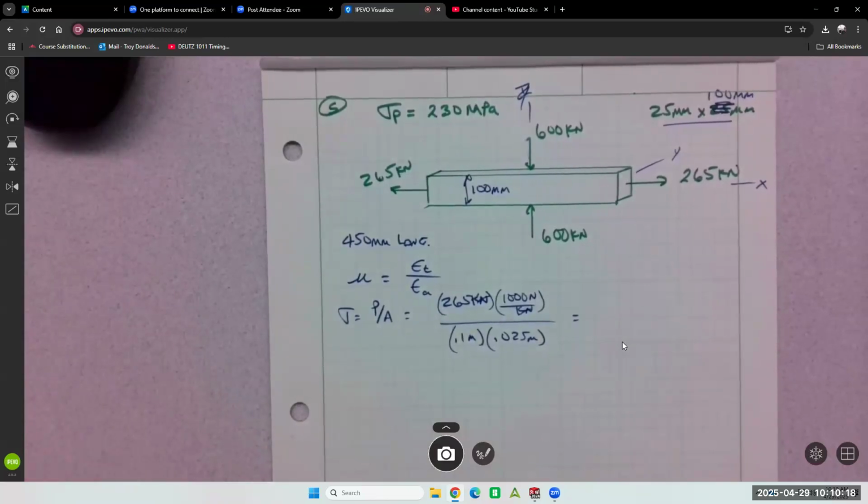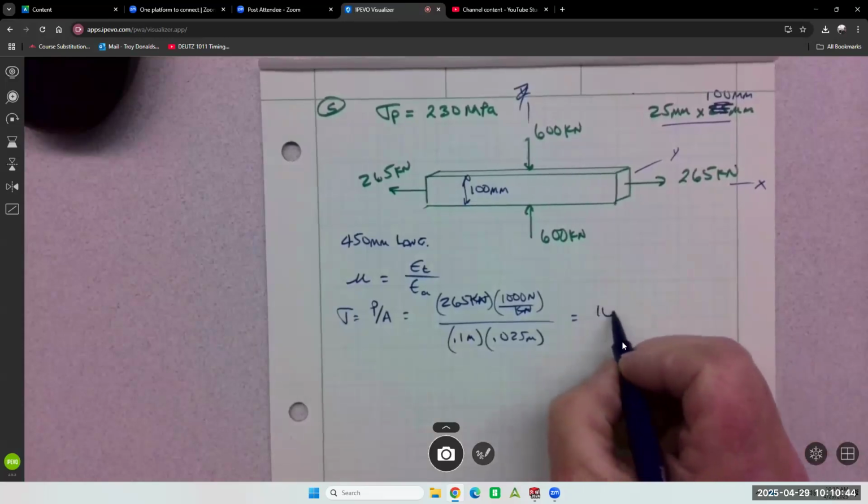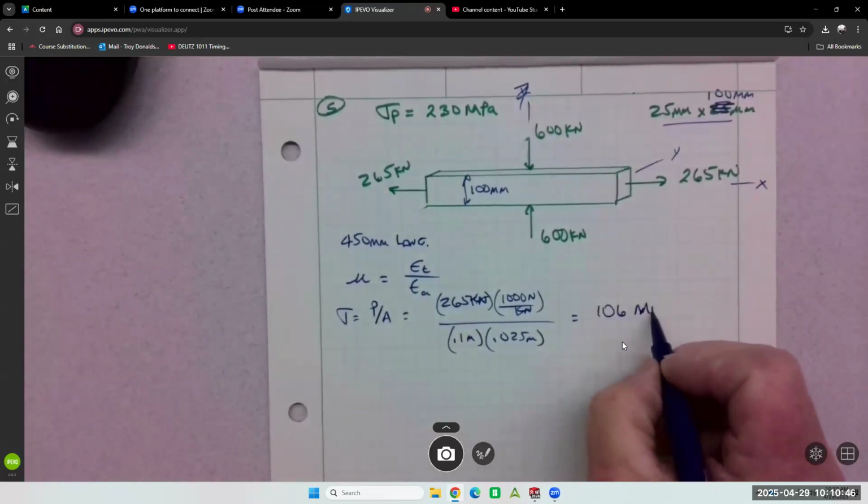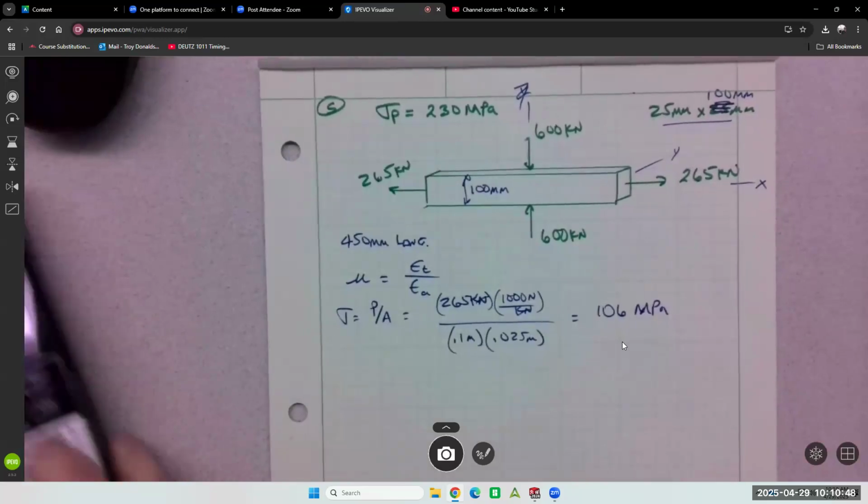Anybody have that number? 106 megapascals. Yeah, you converted it on me, sorry. 1 divided by 0.025 divided by... 106 million pascals, or 106 megapascals, right?